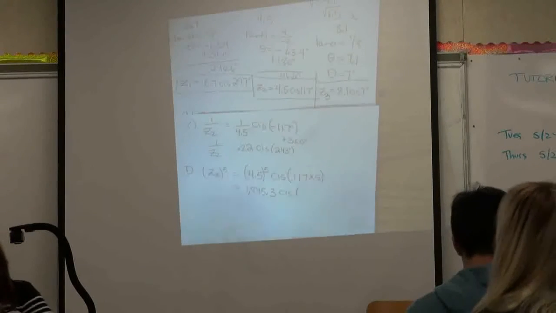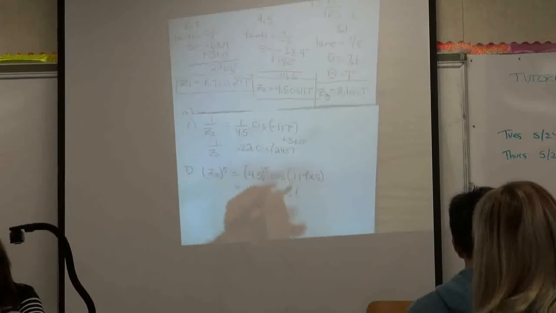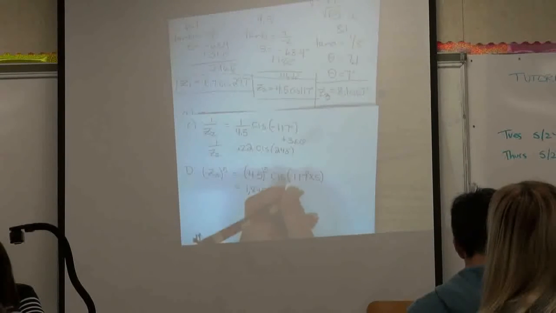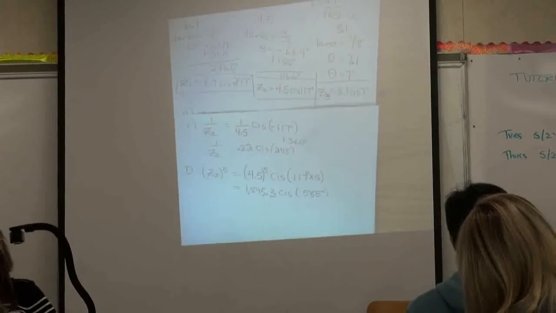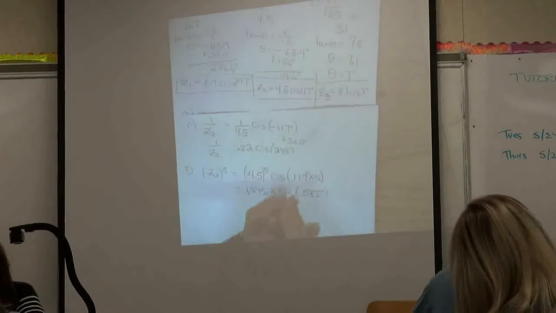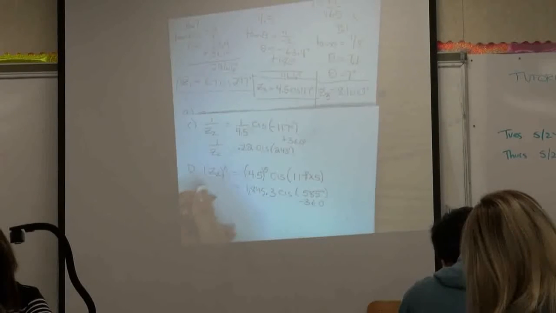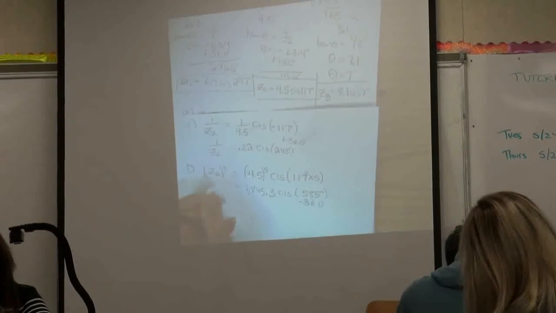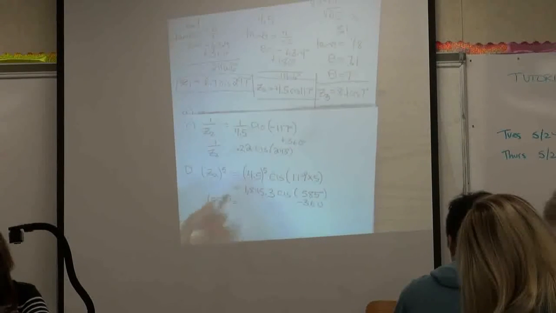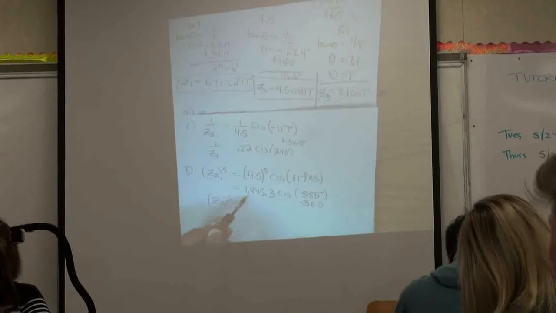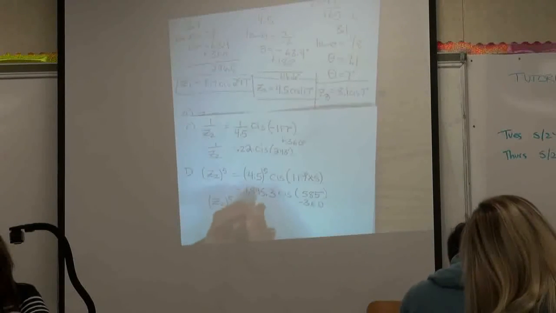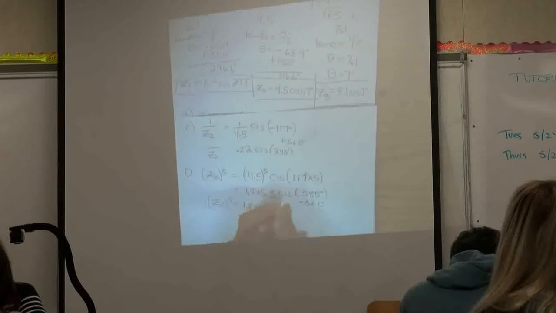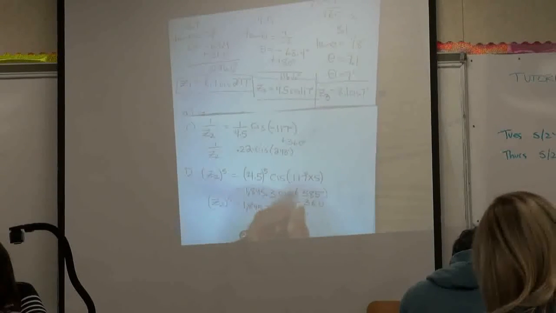And when you take 117 times 5, 585, and subtract 360. Is this right? Okay. 1,845.3 cis 225 degrees.